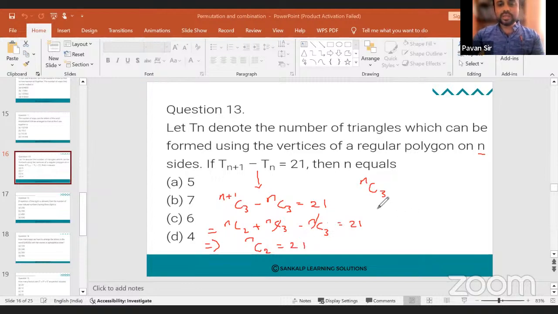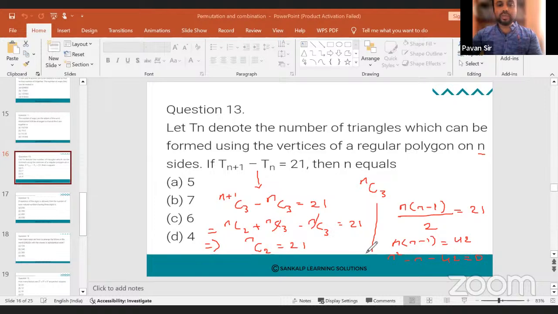So what is nC2, students? nC2 is n into n minus 1 divided by 2, which is 21. So n into n minus 1 is 42, so n square minus n minus 42 is equal to 0.